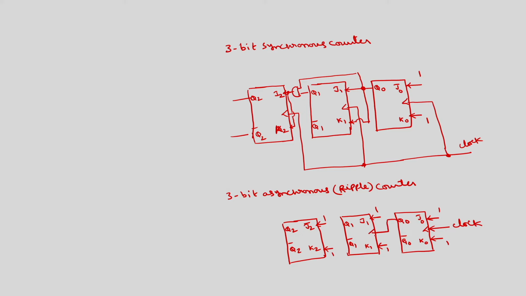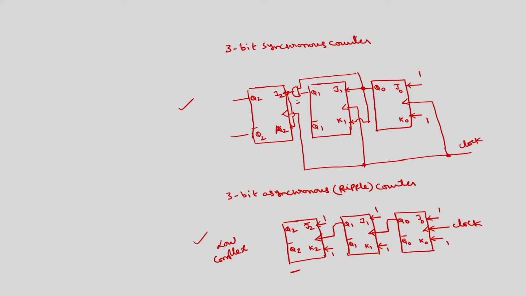Q0 will act as a clock for the second flip flop, and Q1 will act as a clock for the next flip flop. So, this is the 3-bit synchronous counter, and this is the 3-bit asynchronous counter. If we take the relative merits and demerits, the asynchronous system is low complexity, because we require only 3 flip flops, and no extra additional gate is required.